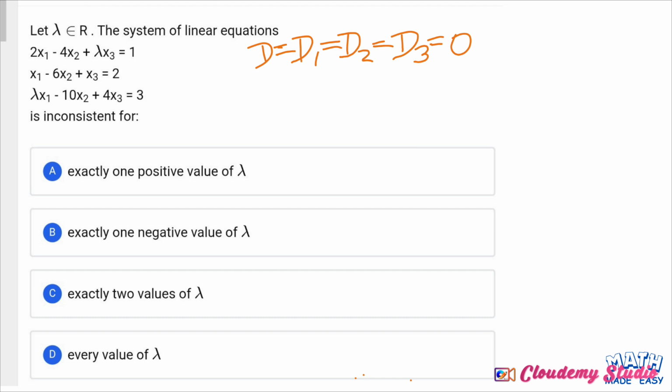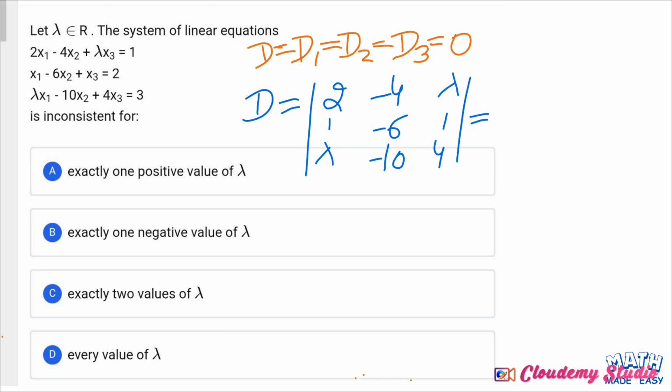When the determinants are all 0, we have infinitely many solutions. So first we find the determinant d equals 2 1 lambda, minus 4 minus 6 minus 10, then lambda 1 and 4, equals 0.